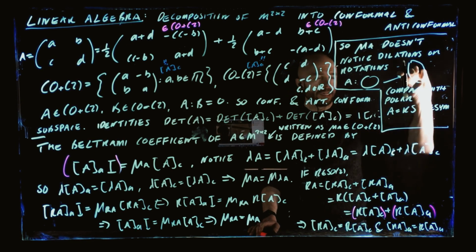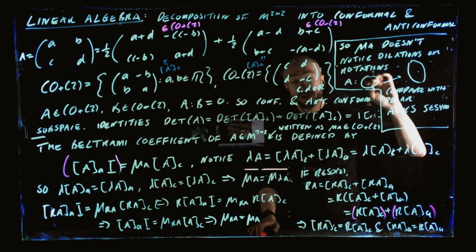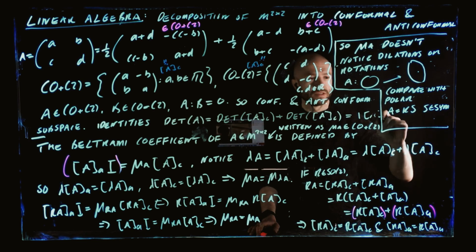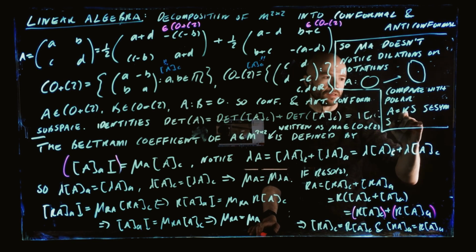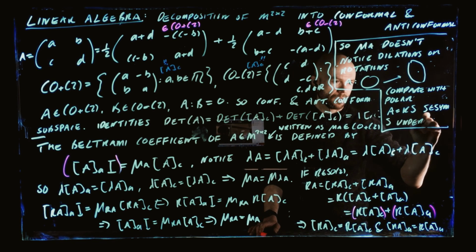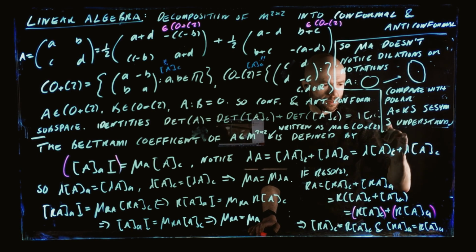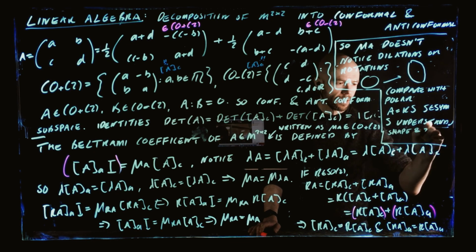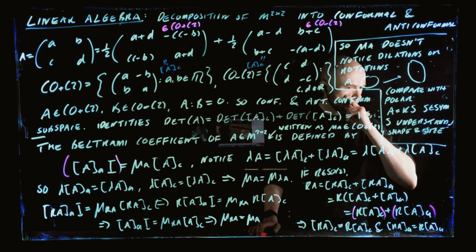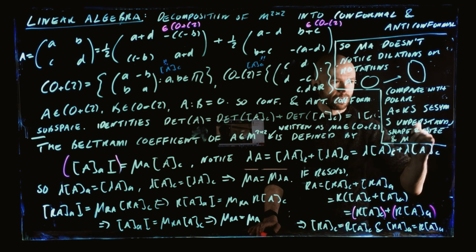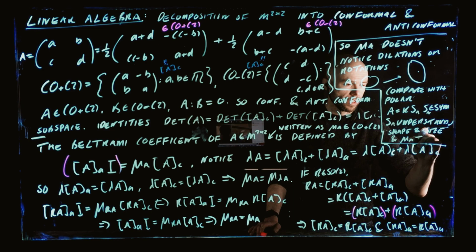And then this thing will not know where you've rotated it to, but it will understand the shape and it will understand the size. So S understands shape and size. And mu of A just understands shape.